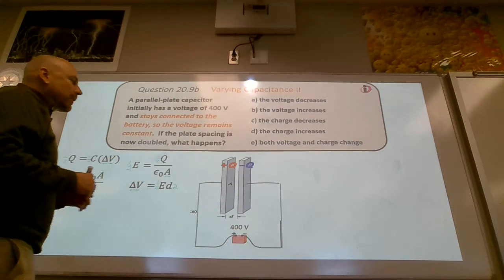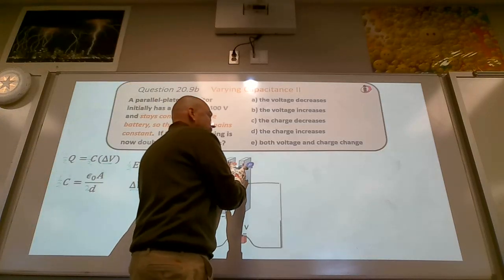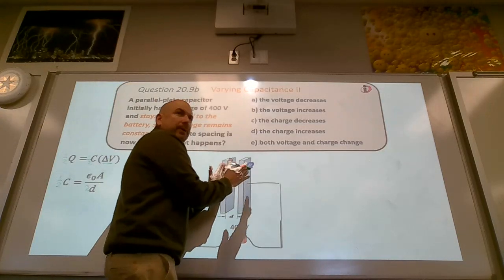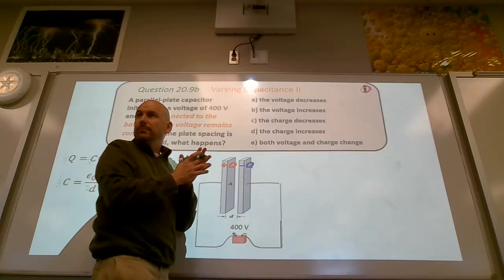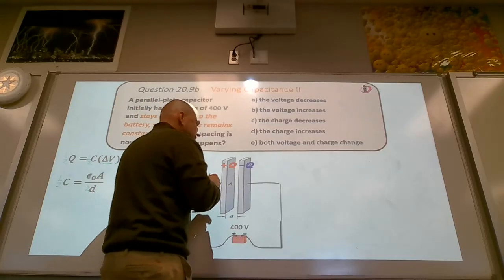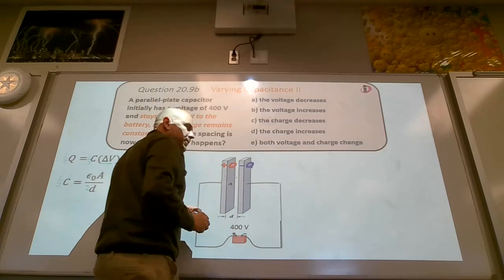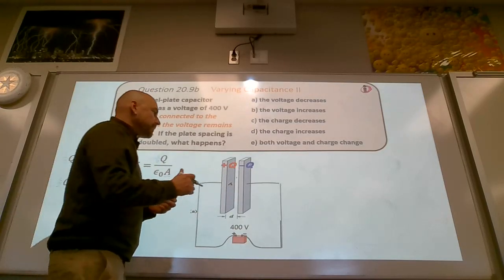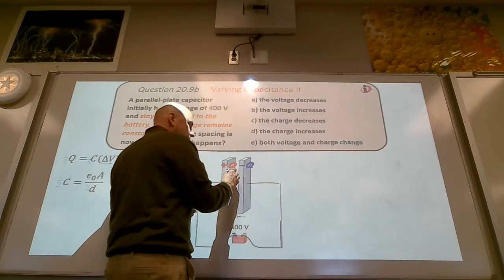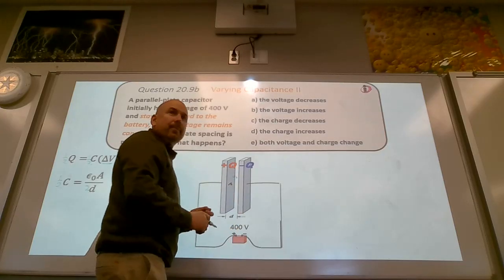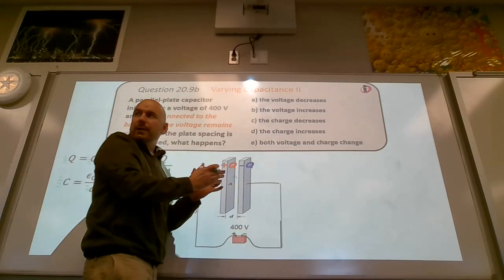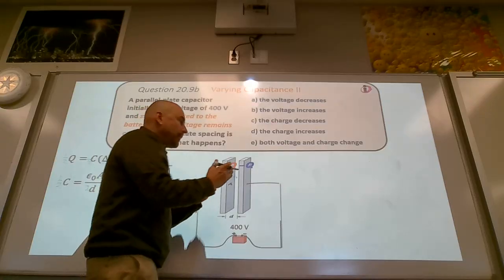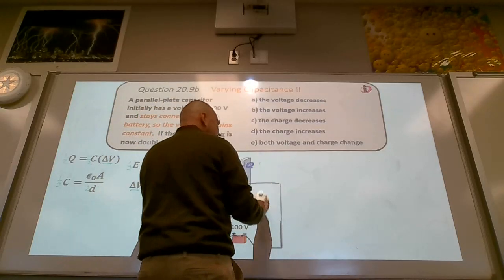So there's attraction between these two plates. If you put a charge, we'll just say an electron there, there's going to be an attraction to this side and a repulsion from this side, because there's an electric field in there. We separate these two.